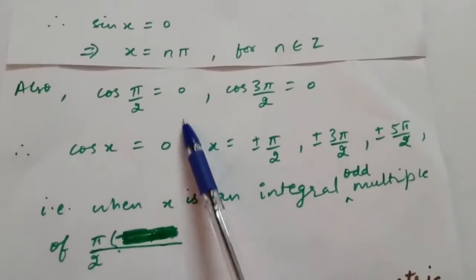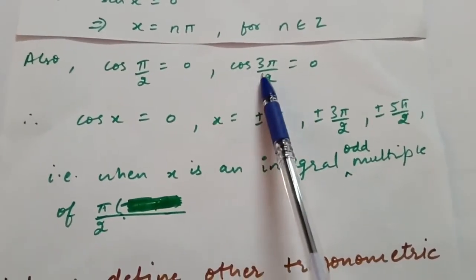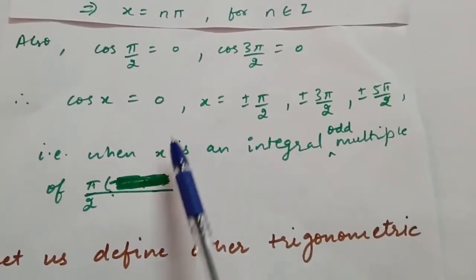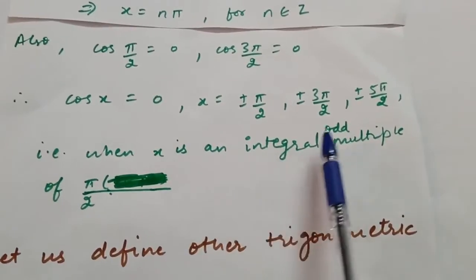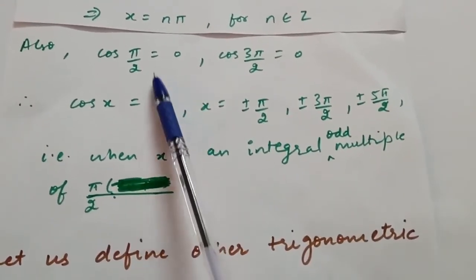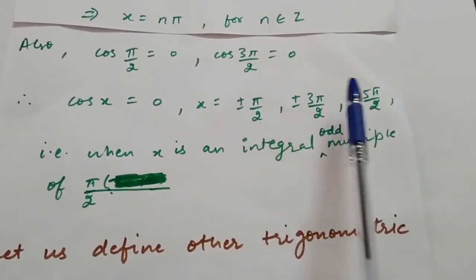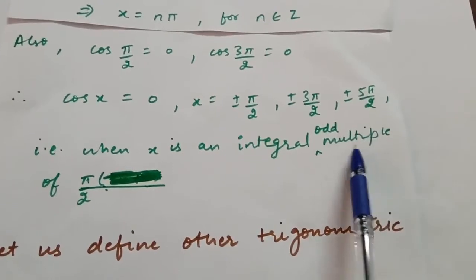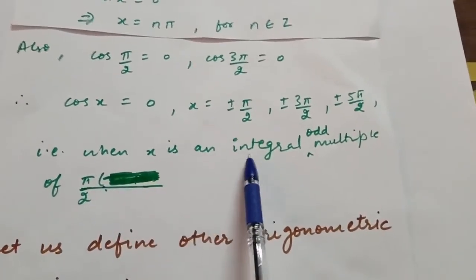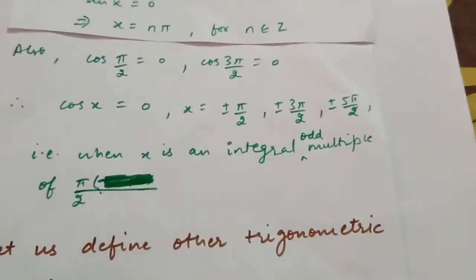Now, similarly, you can see that cos pi by 2 is 0. Cos 270 we have also calculated it is 0. So cos x is 0 whenever x is an integral odd multiple of pi by 2. Odd multiple. First pi by 2, then 3 pi by 2, then 5 pi by 2. That is integral odd multiple of pi by 2. If x is an integral odd multiple of pi by 2, then cos x is 0.